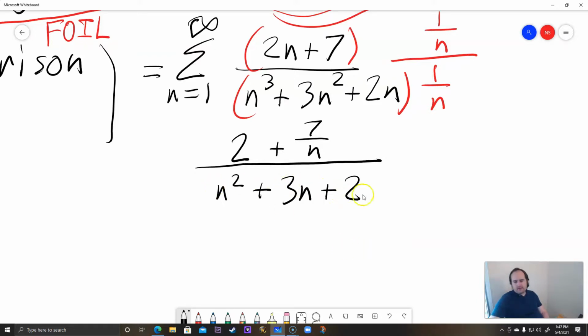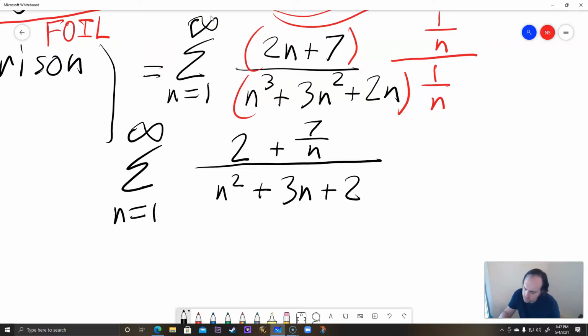Let's start with the n squared plus 3n plus 2. Since n is going from 1 to infinity, we can compare all this to 2 over n squared.